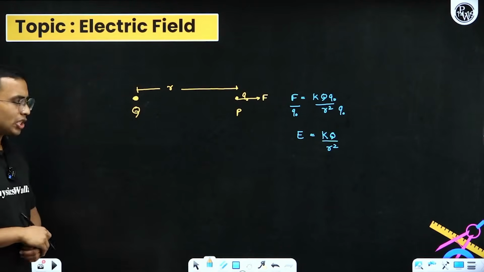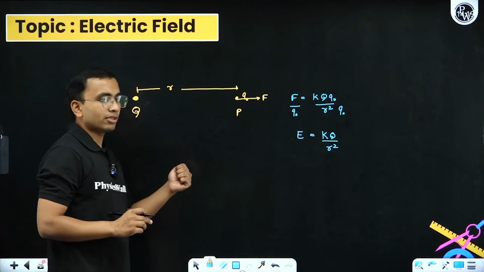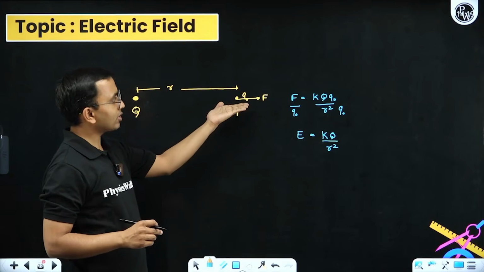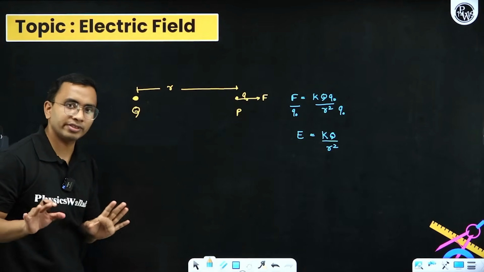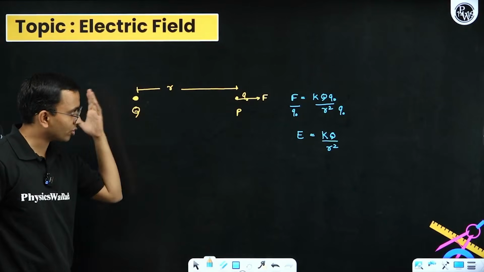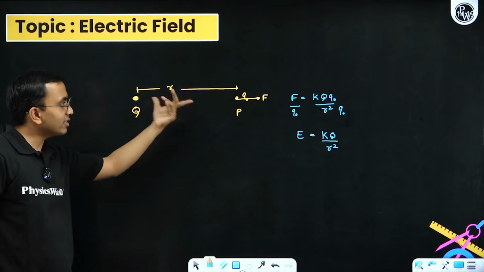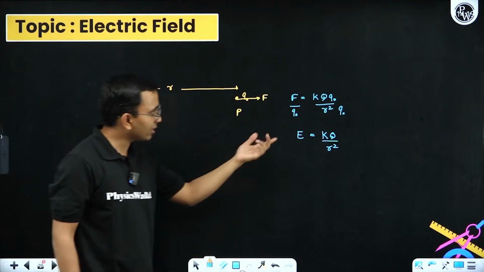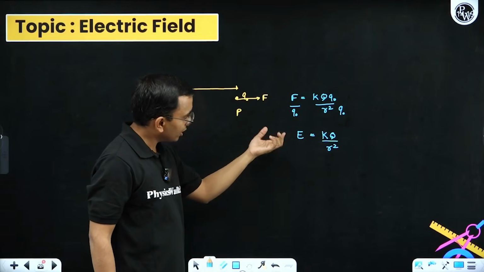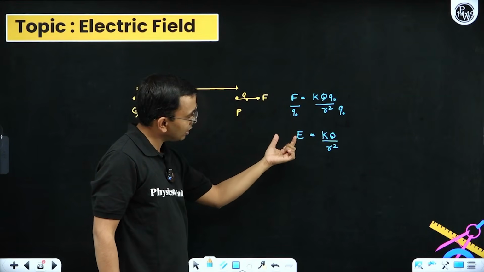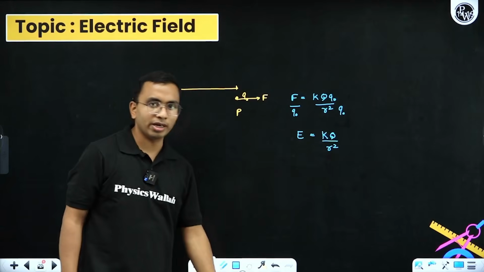Why is this test charge very small? We consider this test charge to be very small such that this Q will remain fixed. It will not have any force, because if the force is there, the distance will change. Therefore I am considering this Q naught to be very, very small, and we got this force per unit test charge, which becomes K Q by R square.